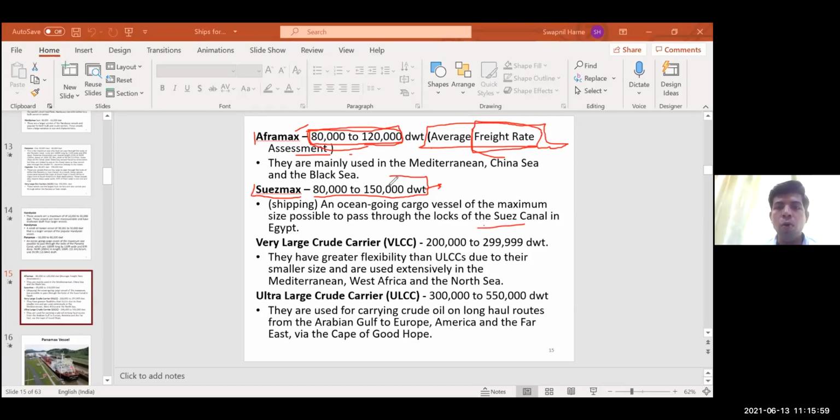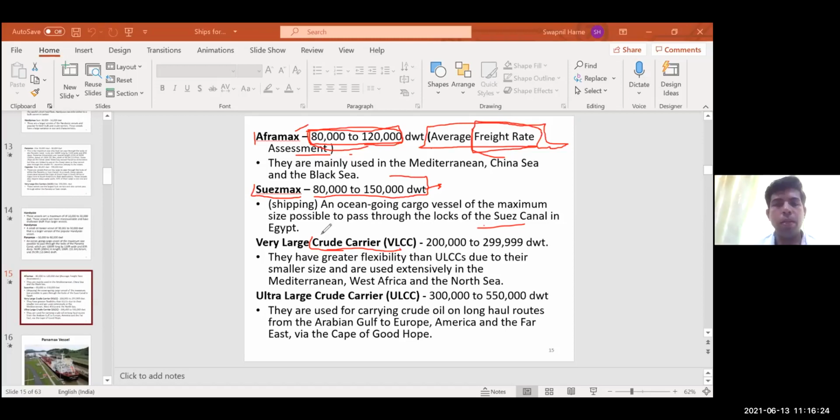It is no more up to 1,50,000, but yes, typically a tanker which goes through the Suez Canal is called a Suezmax. Next is your VLCC, very large crude carrier. You see this term, crude carrier. So VLCC only carried crude oil.